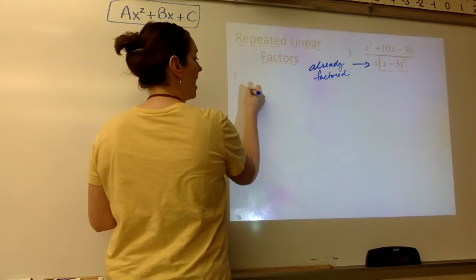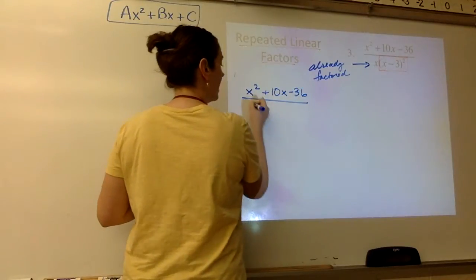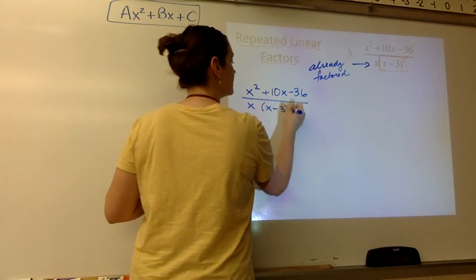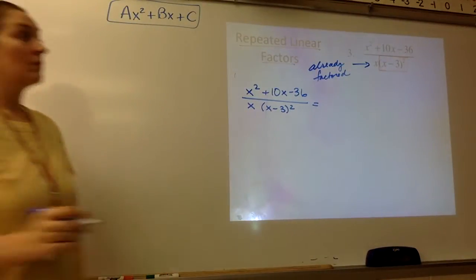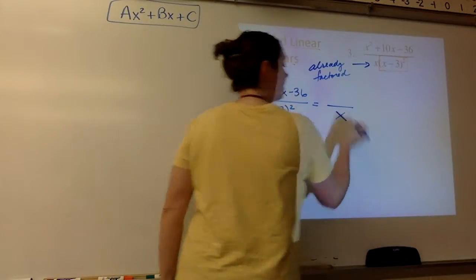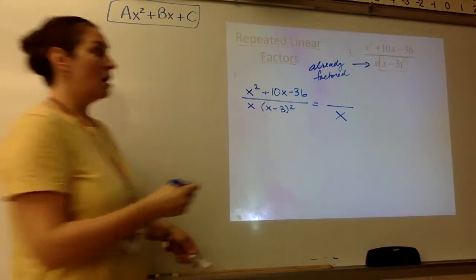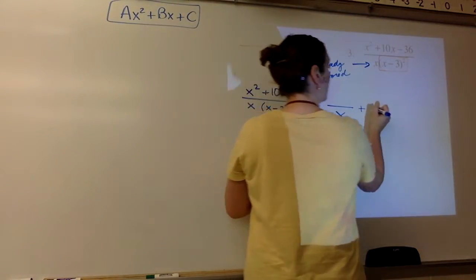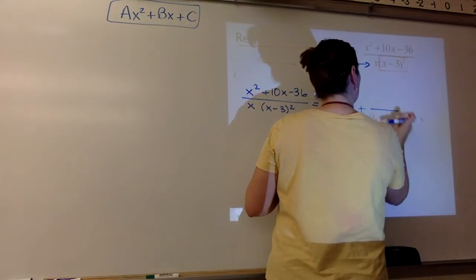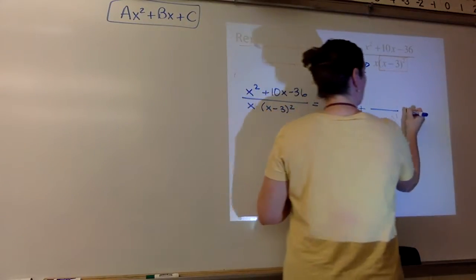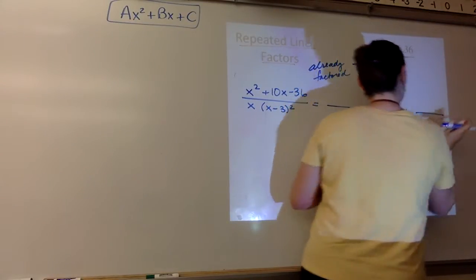So over here I have x squared plus 10x. I think you have this written as your problem in your notes already. Yes? Okay. Here's the repeated linear factor. One denominator is x, plus, I'm going to have x minus 3 to the first, and I'm going to have x minus 3 to the second.